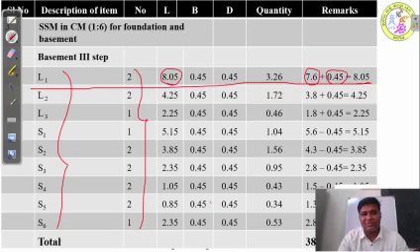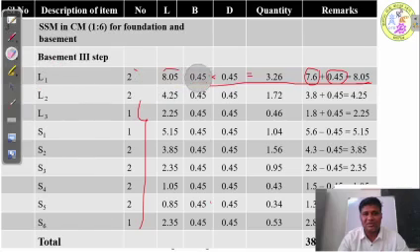This 8.05 meters is the length. So 2 into 8.05 into the width of the wall, 0.45, and the depth is also the same, 0.45, is going to give me 3.26 cubic meters for the quantity of the first step.